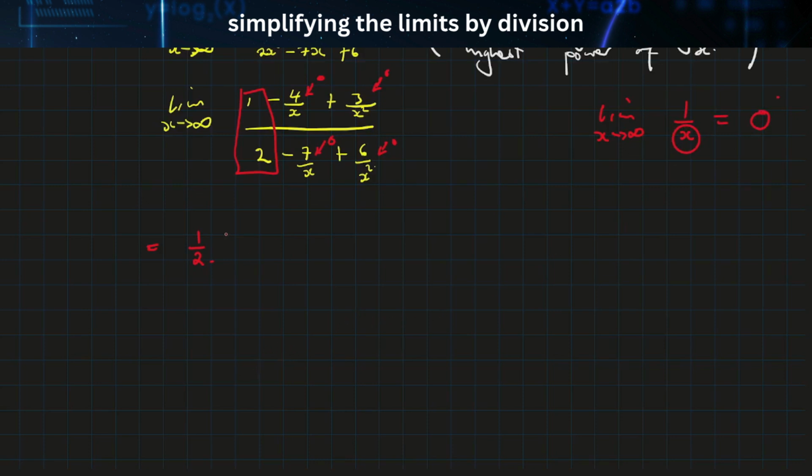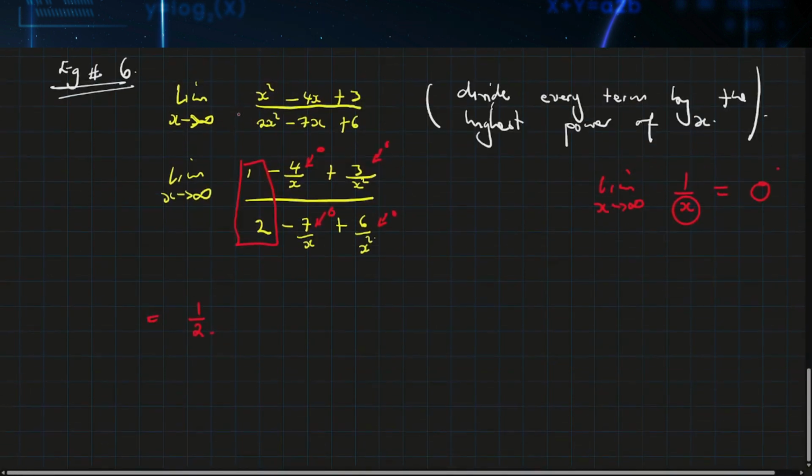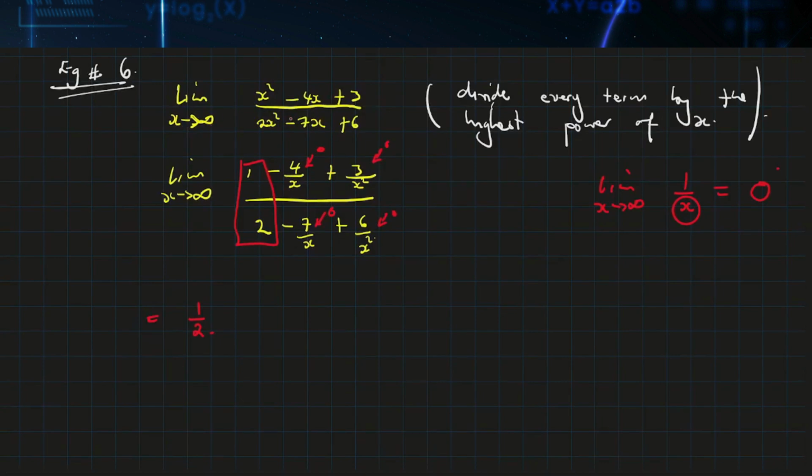It approaches 0. So which means if our x is approaching the bigger value, what is going to happen is we're going to be left with approaching a value of half. That's what I'm trying to explain.